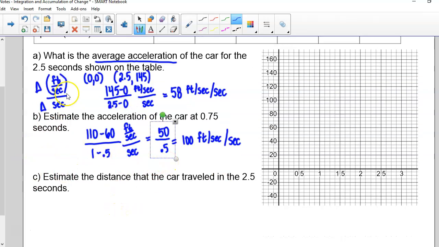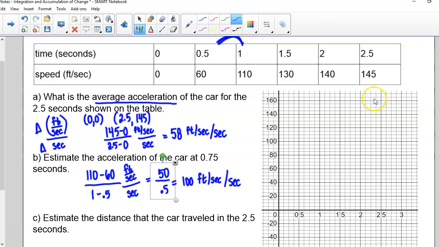Alright, so those are both talking about derivatives, right? We're talking about slope. But if we're supposed to estimate the distance that the car traveled in the 2.5 seconds, I have already put a graph here for you, because if all you had was a table, it can be done, and we're going to work our way to being able to do it a little bit better. But it's probably going to make it a little bit easier for us if we try to graph this.